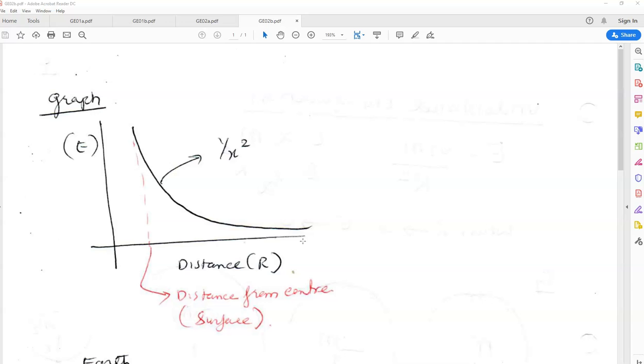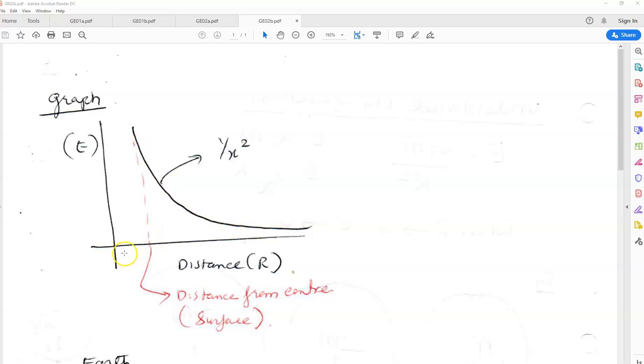The other concept you have to be thorough with is how the graph looks. You know that the gravitational field is inversely proportional to distance square. This is the inverse square law, and this is the shape of the curve you should get. If you plot the distance versus the gravitational field, you will get a curve like this.